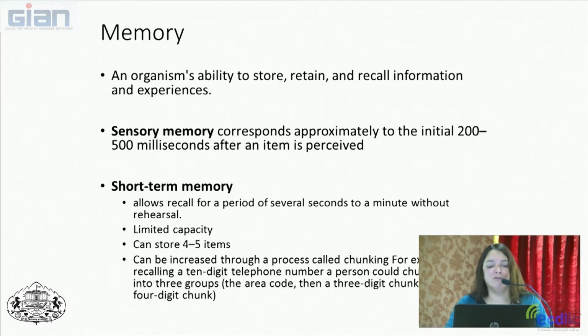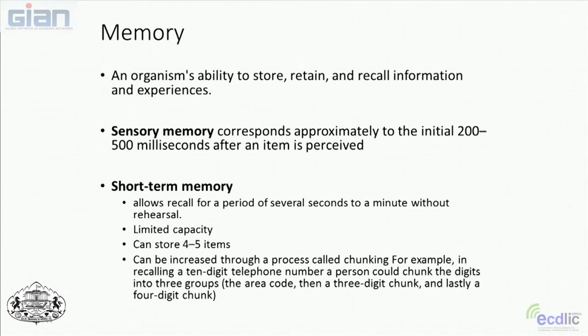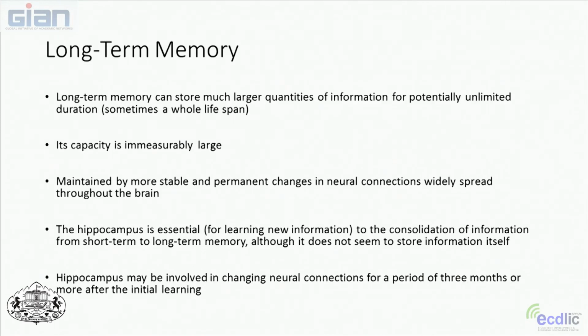You can store about 4 to 5 items at a time. And you can practice certain techniques to get better at short-term memory. Long-term memory can store much larger quantities of information for a potentially unlimited duration and sometimes a whole lifespan. And it's thought that the capacity of long-term memory is immeasurable. So you can hold all kinds of long-term memories.